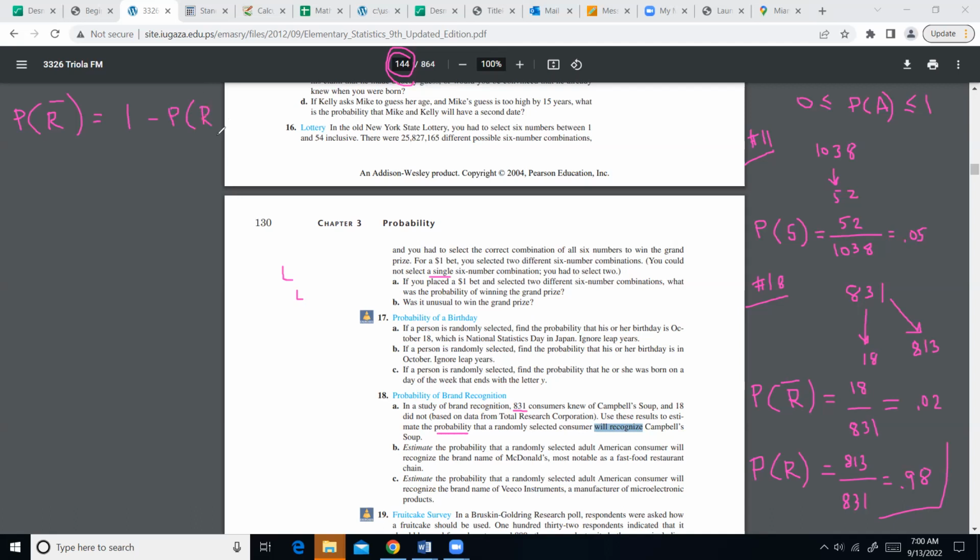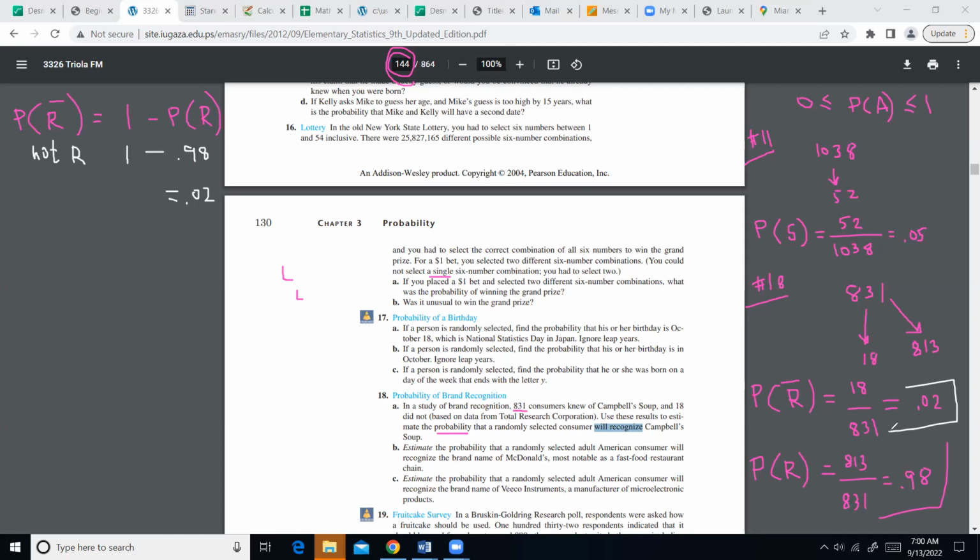The way to write not R, they put it with a bar above in this textbook. So if something doesn't happen, and I know the probability that it does happen, or the opposite, then if I subtract from 1 the probability of R, which is 98%, notice I get the remaining 2%, the one that we just had here.